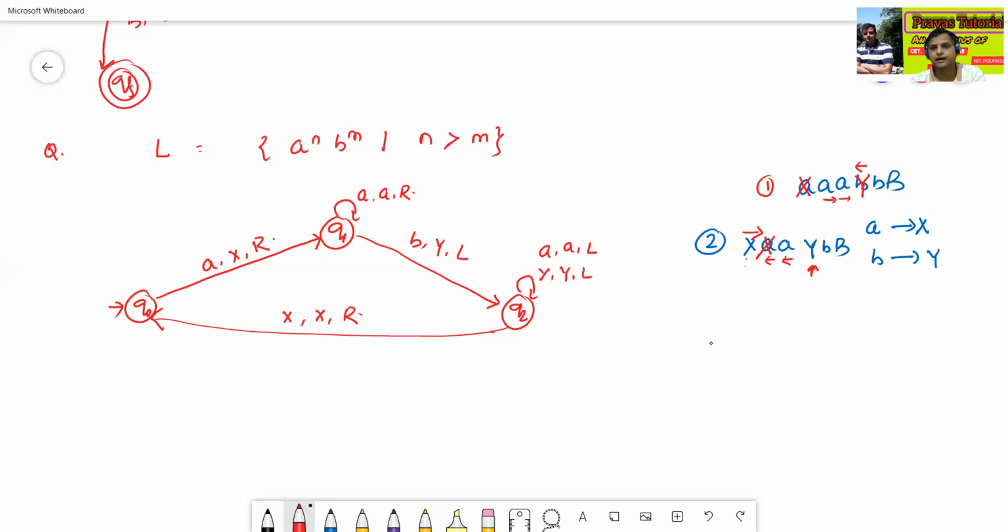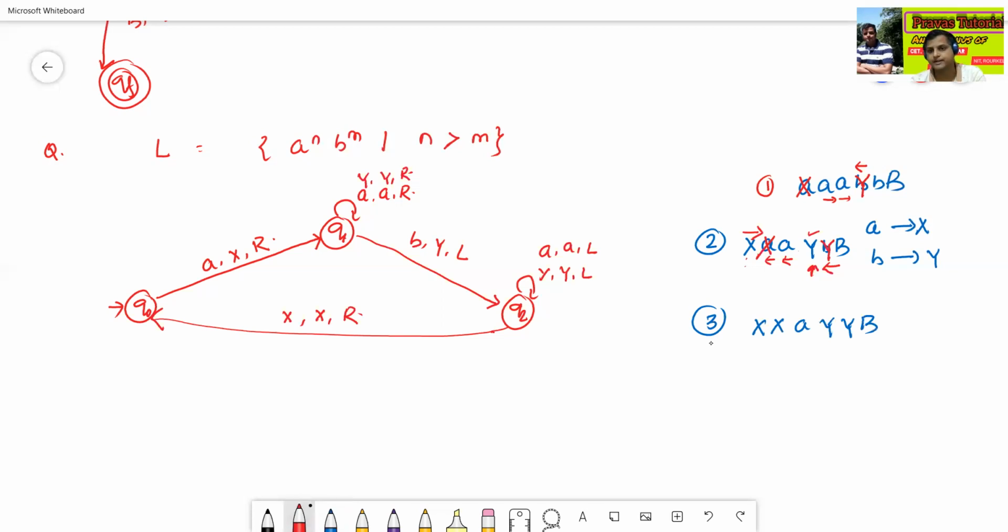Then Q1 also reads y, skip y, skip, and Q1 reads b, write as y, and move towards left. Okay. So my string looks like, in the next page, x a y b.